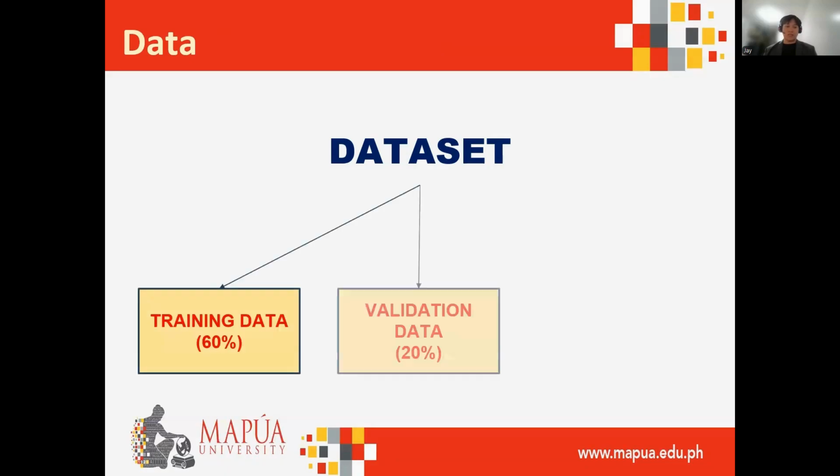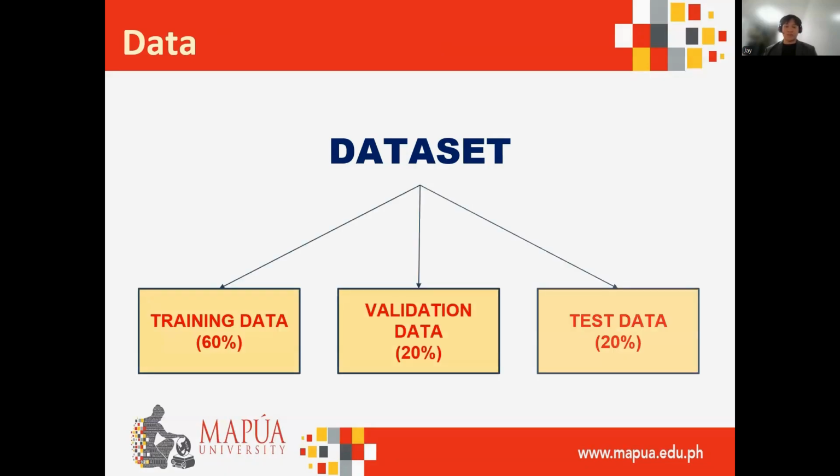The data set has been split into training data, which comprises 60% of the total data set, validation data 20%, and test data 20%. Random sampling was employed in the selection of the data points for training, testing, and validation sets.